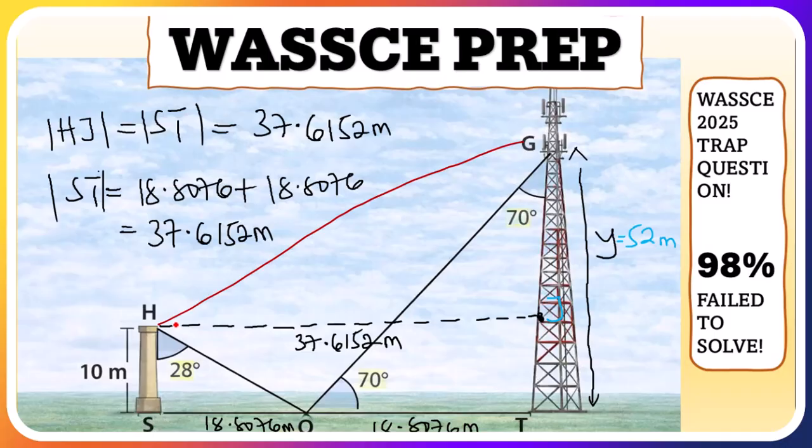Now from triangle HJG, the triangle here forms a right angle triangle.